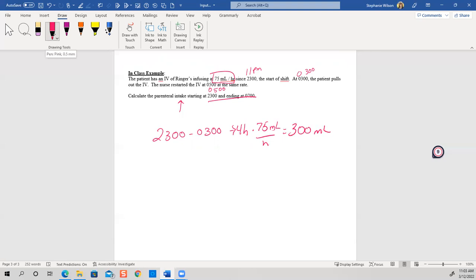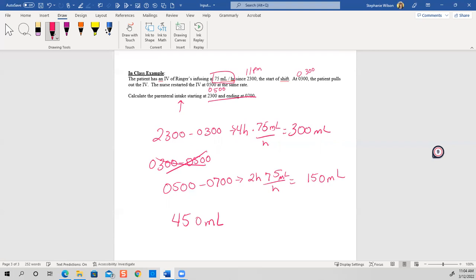Okay, and then from 0300 to 0500, they weren't getting anything, all right? The patient pulled the IV out, so there's nothing there. But 0500 to 0700, since they started back at the same rate, we know that that's 2 hours, and we're going to multiply that by 75 milliliters. And that's 150 milliliters. And we add that up, we get 450 milliliters total that goes on the chart for intake for that shift.